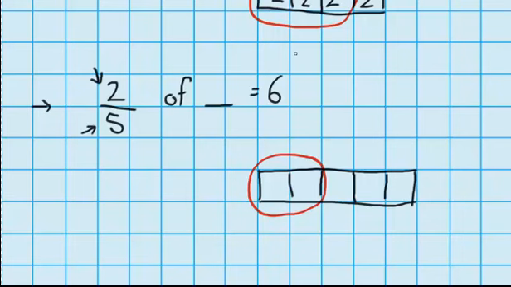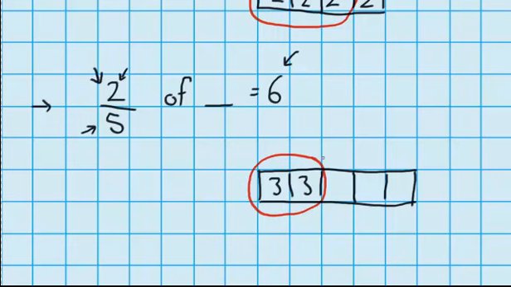And remember, this number here is the number of candles that are on the 2 pieces that I can see, not the whole cake. That's what we're trying to work out. So I need to share these 6 candles between the 2 pieces. Well, I know that must mean I need to put 3 candles on each piece.